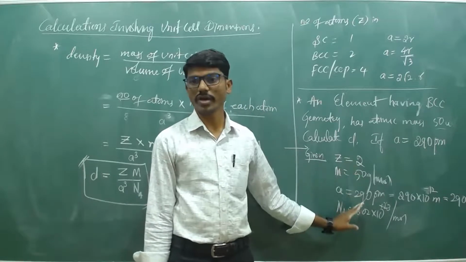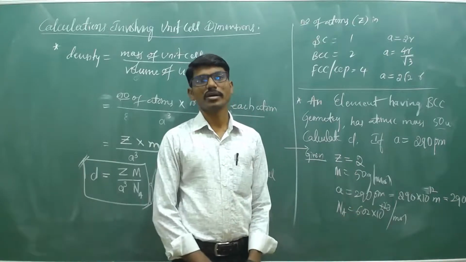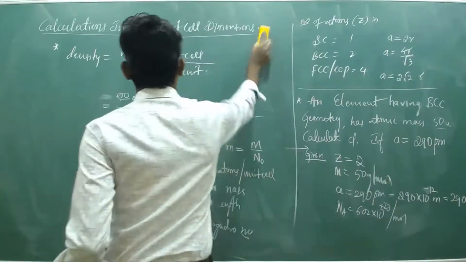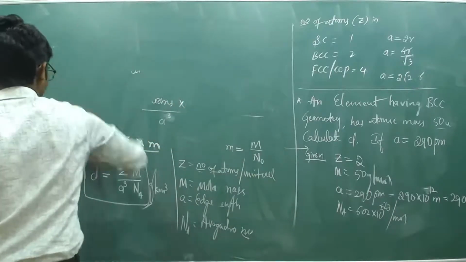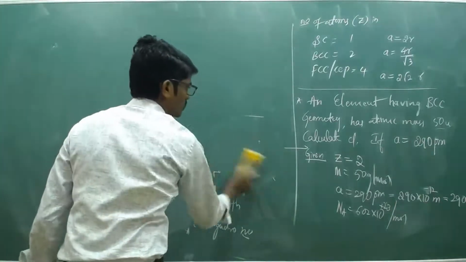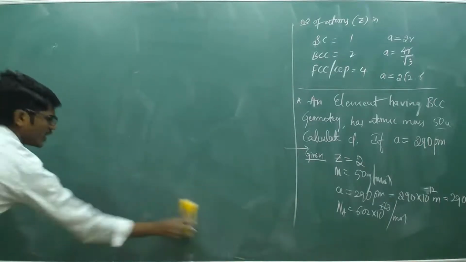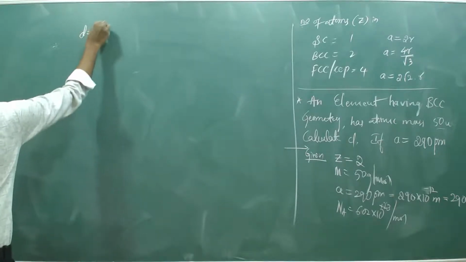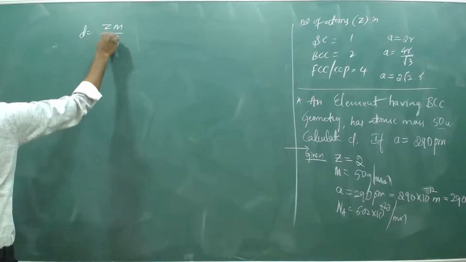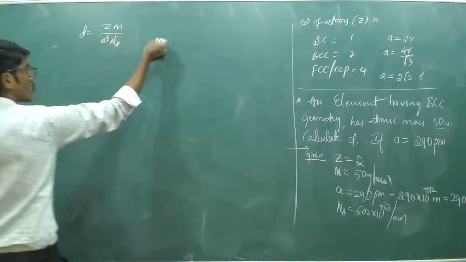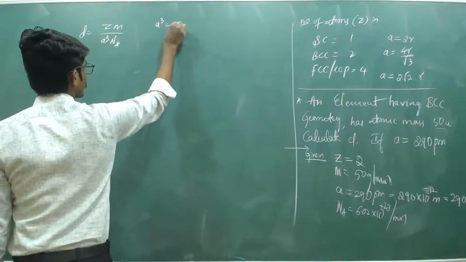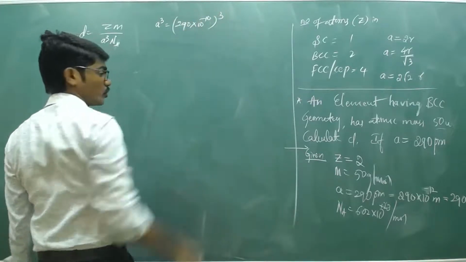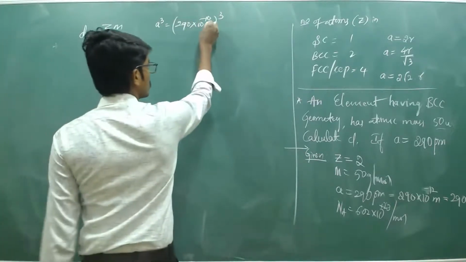Just substitute these values in the density formula and you will get the answer. Only substitution and simplification. Calculate the density. Here I want the value of a cube. a cube is 290 into 10 power minus 10, whole cube, centimeter cube.